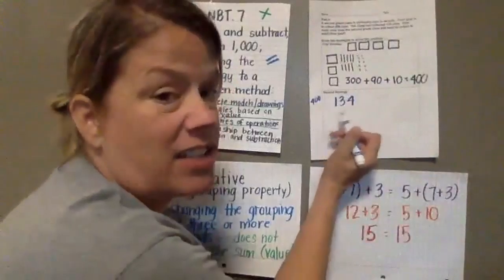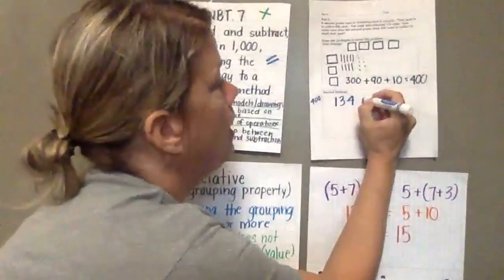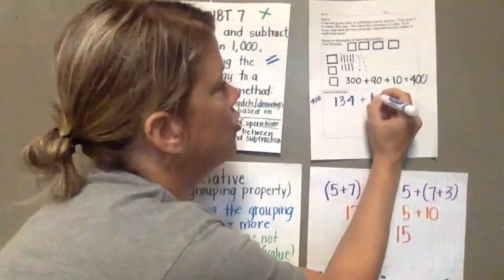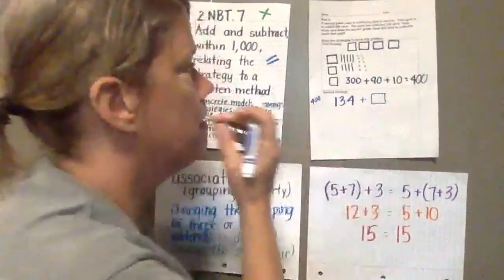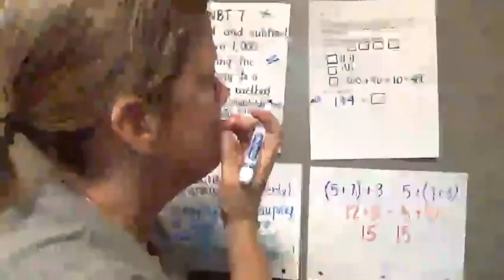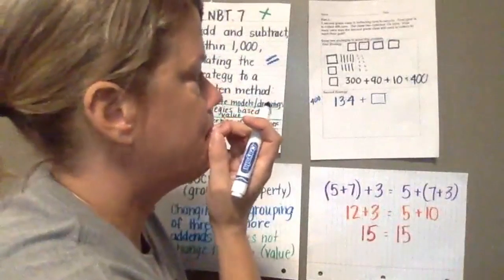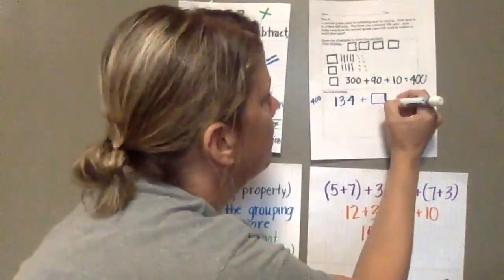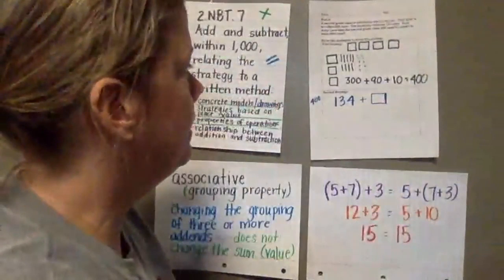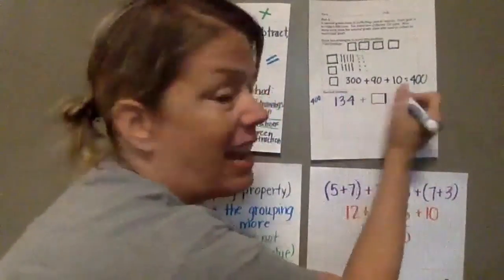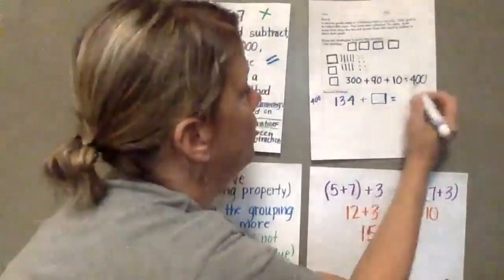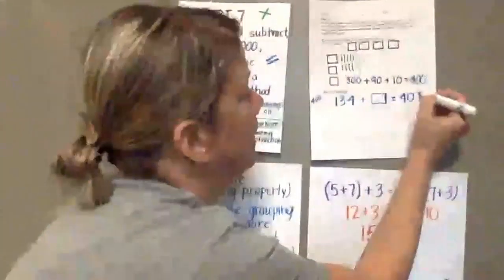So I start with 134 plus I'm not sure how many more I need. So then I know that whatever I get here is going to have the same value as 400 cans.